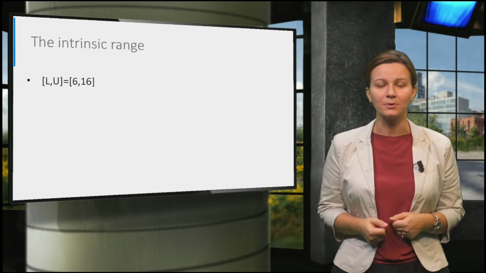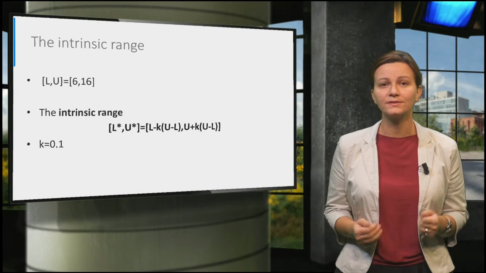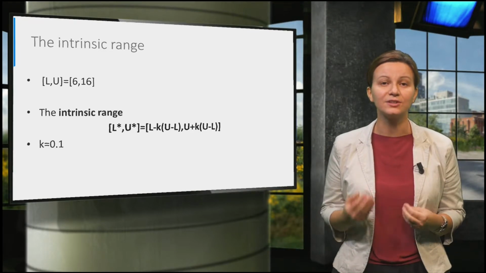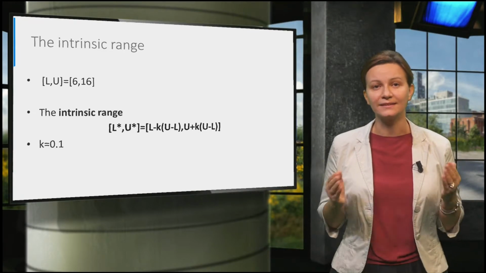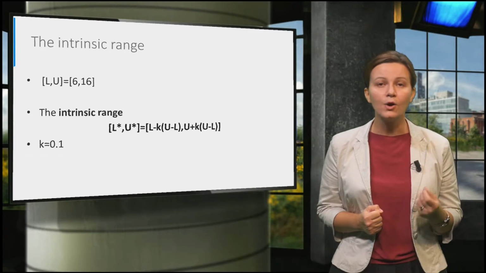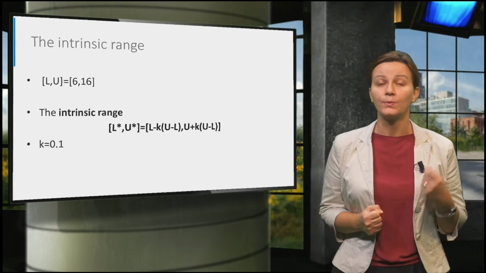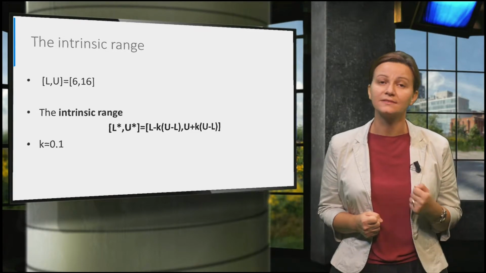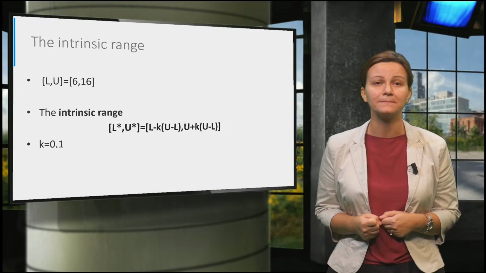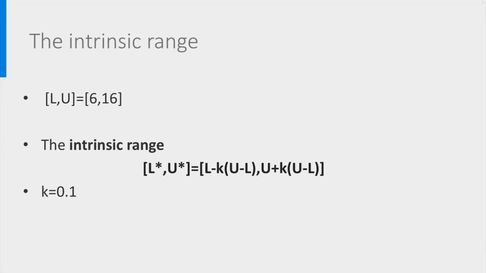We define now the interval L U, which is determined by the minimum and the maximum value, which is 6, 16 for our example. The support, or the intrinsic range, is then determined by extending the interval L U by an overshoot k times the length of the interval L U, where k is typically chosen to be 10%, or 0.1. The intrinsic range, L star U star, is given by this formula.